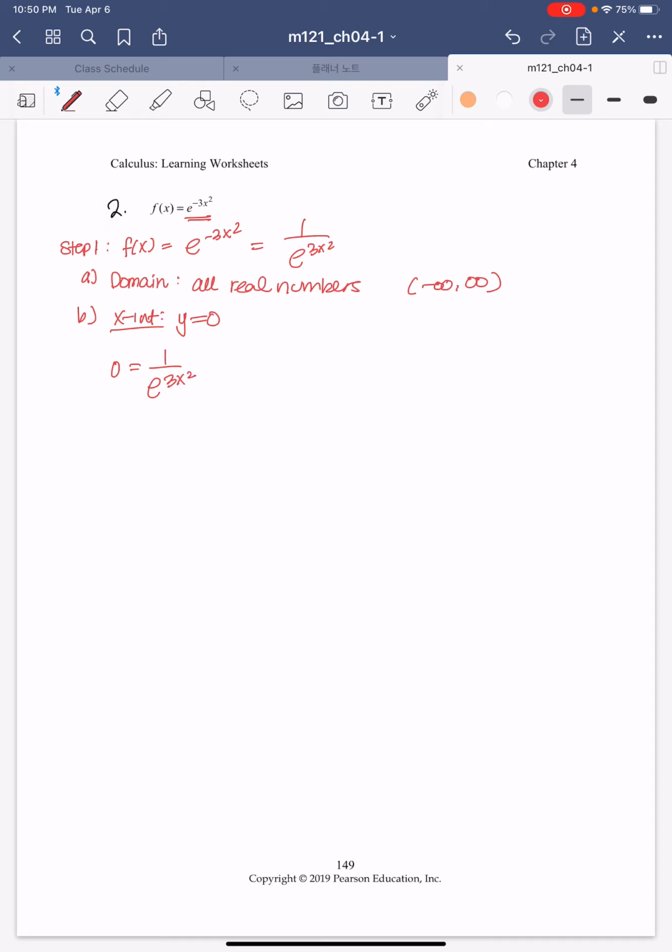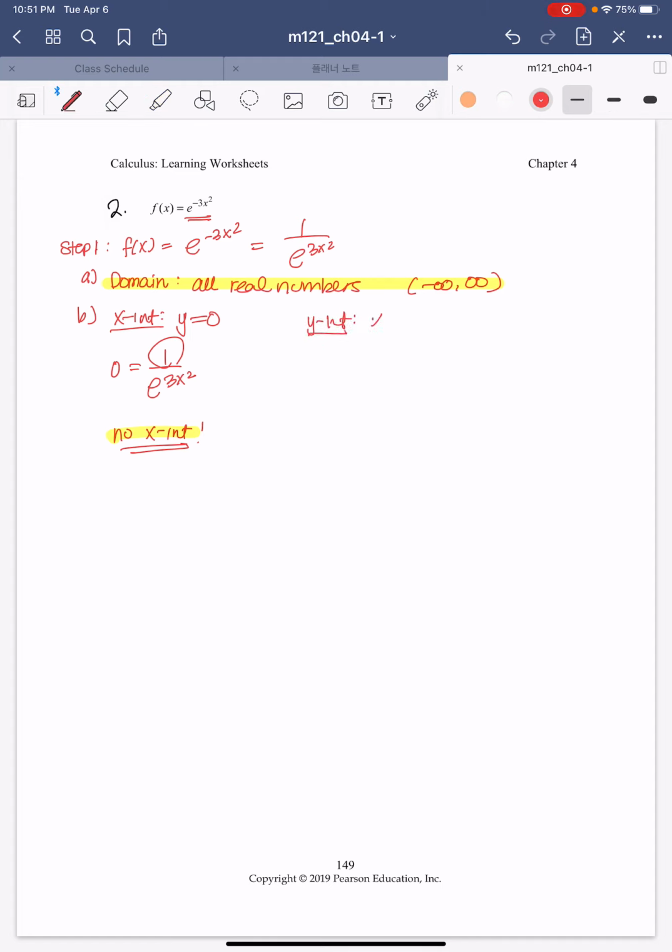Same as with the domain, the only way a fraction is equal to 0 is when the numerator equals 0, and the numerator is 1. So I'm never going to have a 0. So we have no x-intercept.